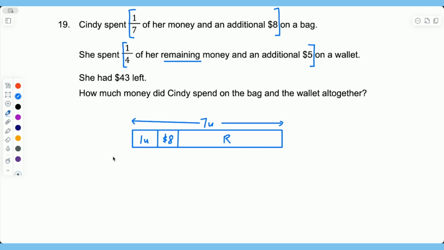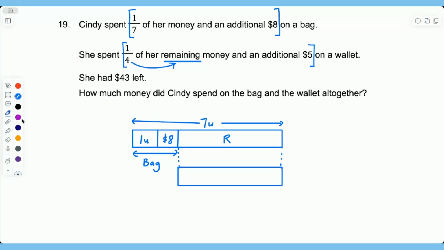This part is the remainder. We will do a drop down remainder box. And for the remainder, she spent 1 out of 4 of the remaining money and an additional $5 on the wallet.